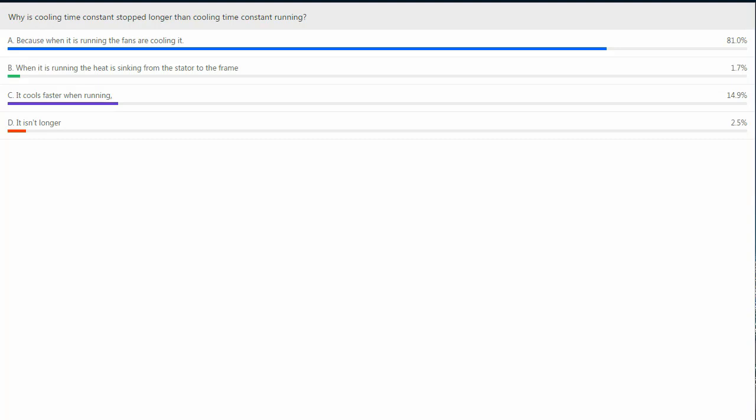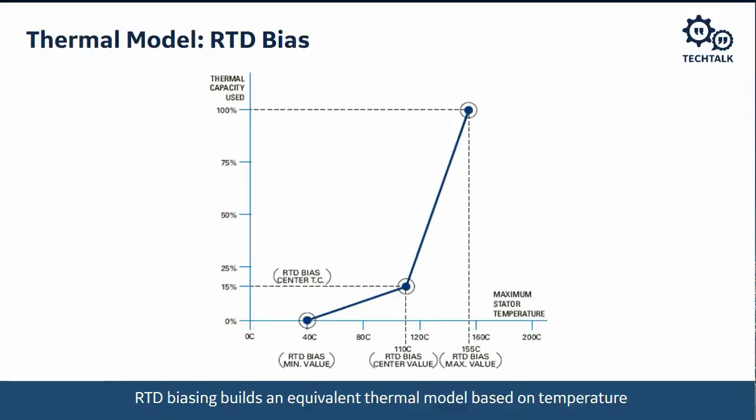Okay, so one of the last techniques that I want to mention before we talk about a few other things is the RTD biasing. In the course of setting this up with limited data, we've made a ton of assumptions. We don't really like to make those assumptions, and some of those assumptions may leave our motor compromised.